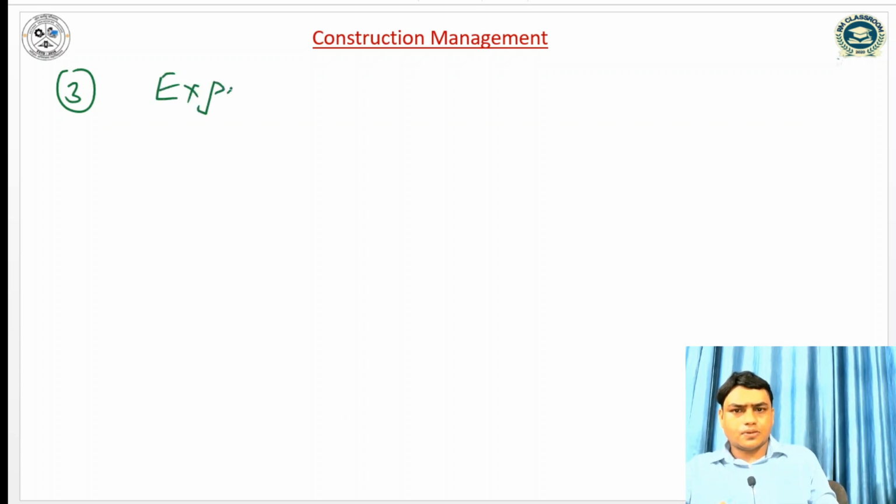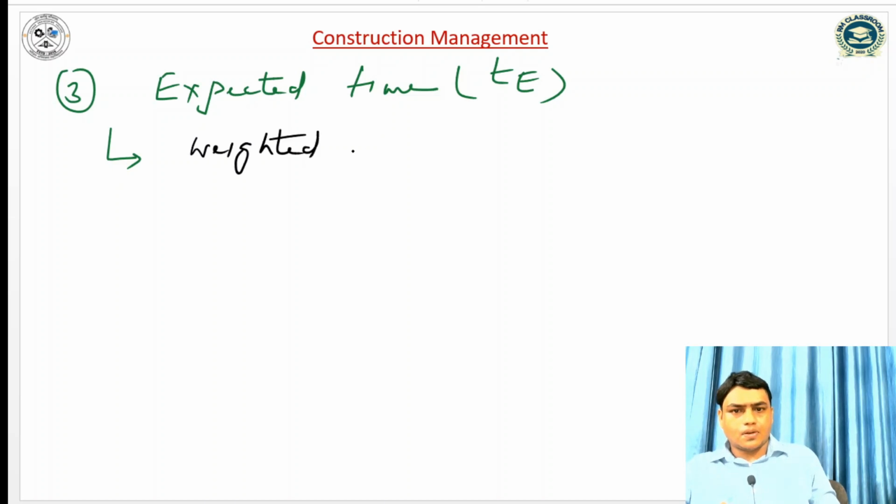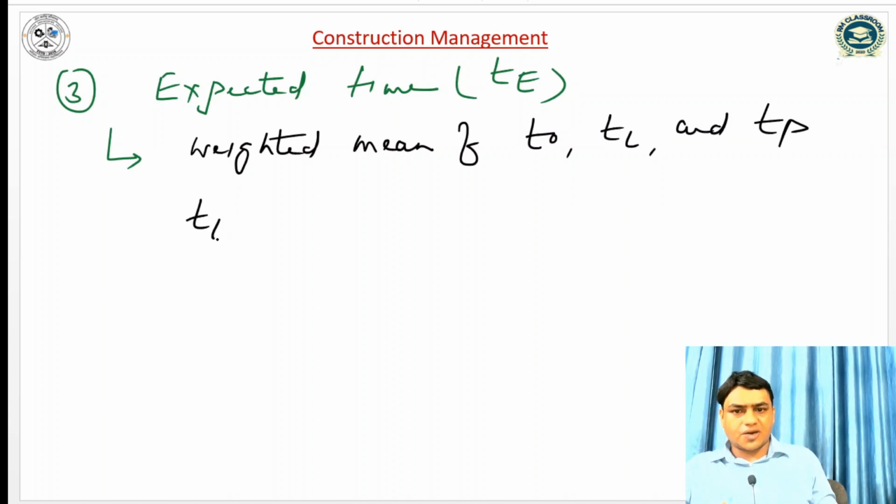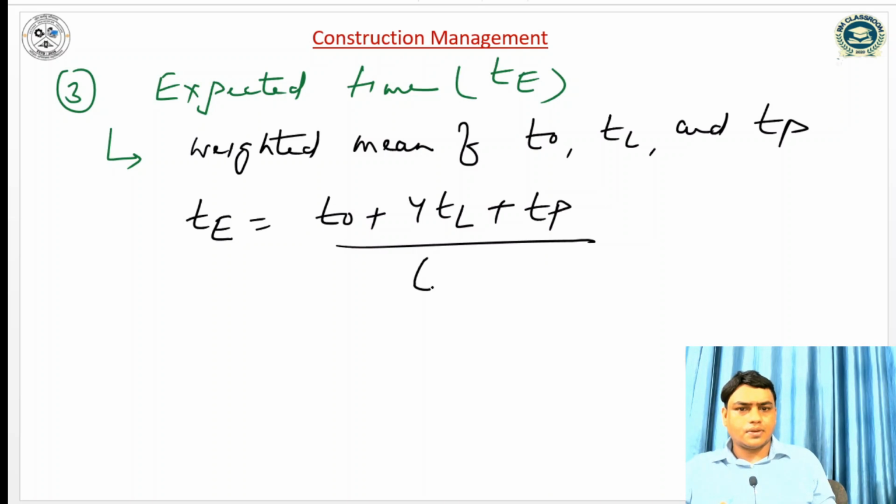And the third parameter is expected time, that is T. So expected time is the weighted mean of T0, TL and Tp, and the expression of expected time is T0 plus 4TL plus Tp by 6.